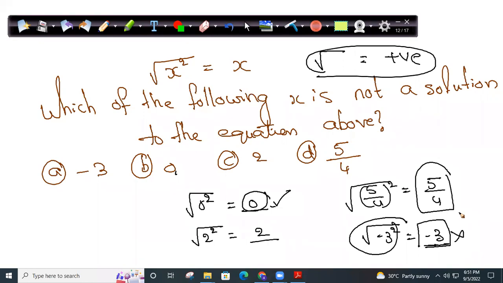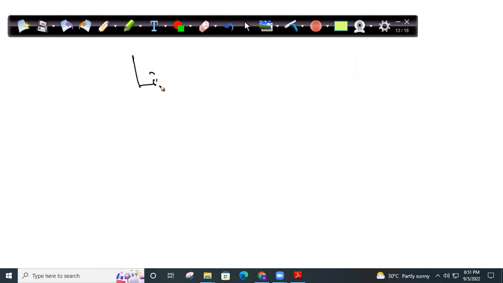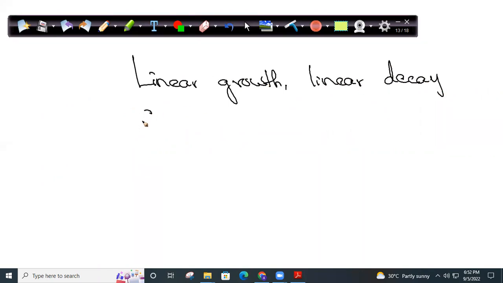Next question, next concept. Next concept is linear growth, linear decay, exponential growth, exponential decay.